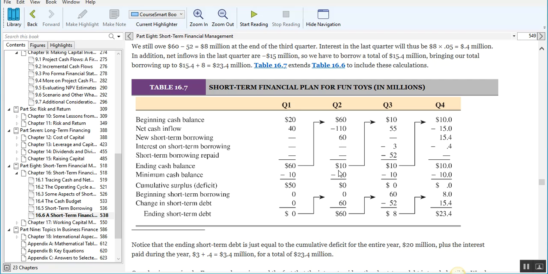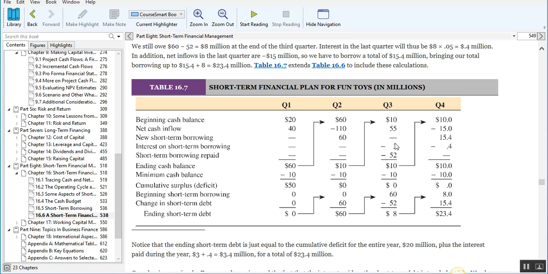You go through the same cycle, but in quarter two, you're going to have to increase your short-term debt to cover the deficit you have here, this $110 million deficit. So what you do is you borrow $60 million, and then in quarter three, you carry forward the cash balance that you're keeping, which is the minimum, $10 million, and have new cash inflows.